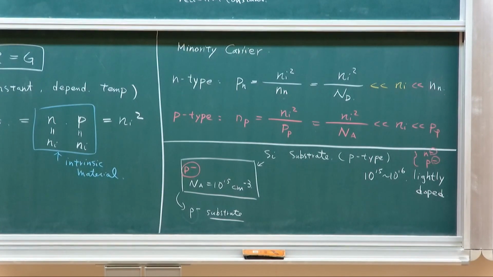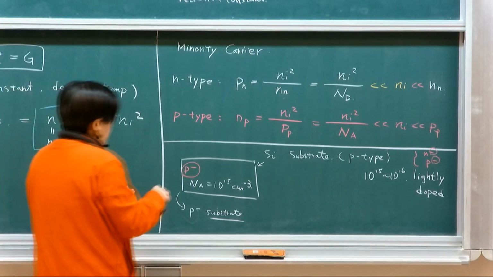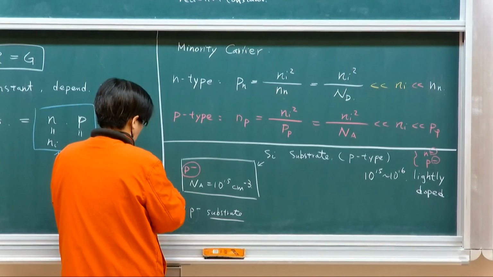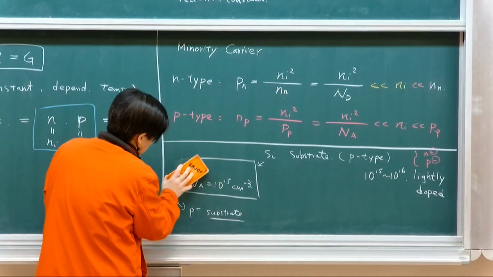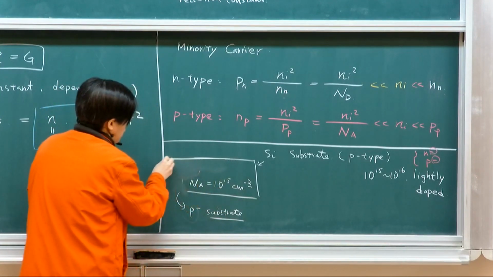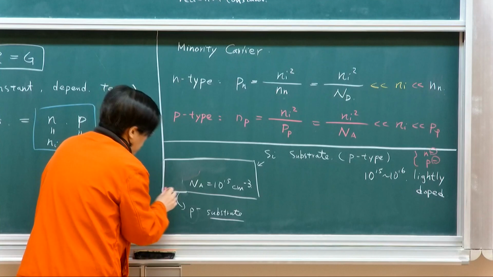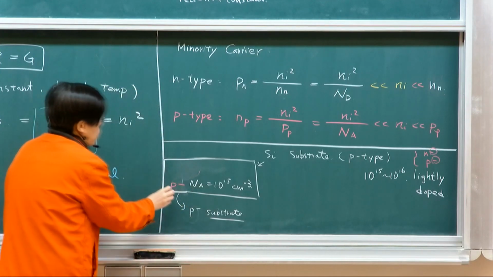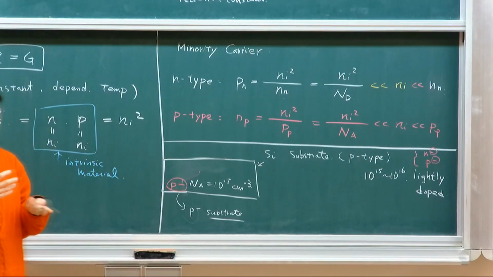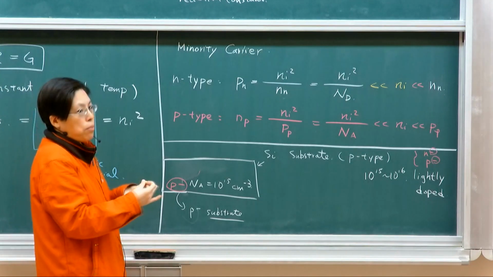Okay? So if I want to make a structure on top of it, what is typically done is called counter doping. Let me expand the region a little bit. So I start with a substrate, also referred to as a P minus region. If I want to make the surface another type, meaning I start with a P minus and want to make it into an N type, that's how you make a PN junction.